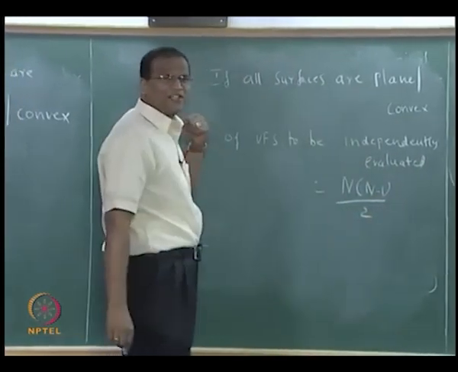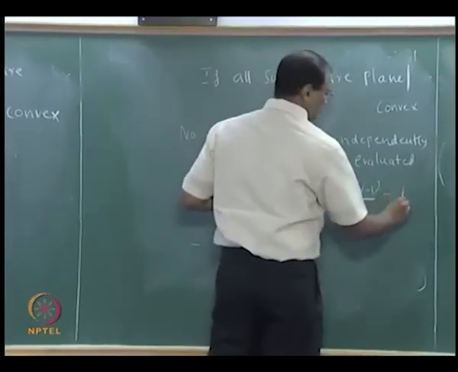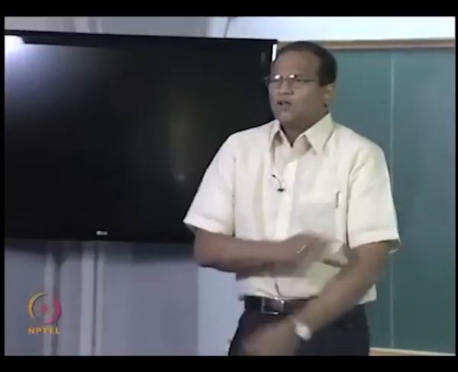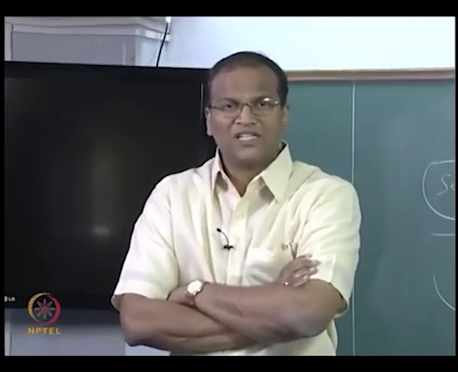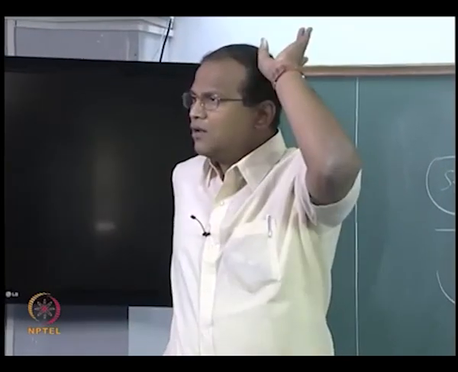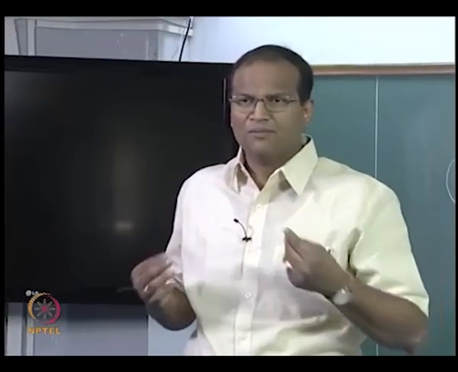How many such self view factors are there? Very good. So the goal of the view factor algebra is to ultimately determine the number of independent view factors which have to be evaluated necessarily by adopting that cos theta i, cos theta j integral. Now let us look at a very elementary, simple problem.